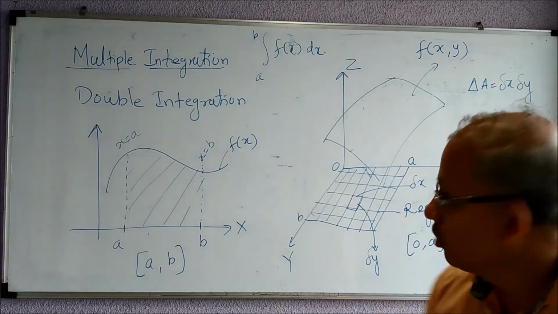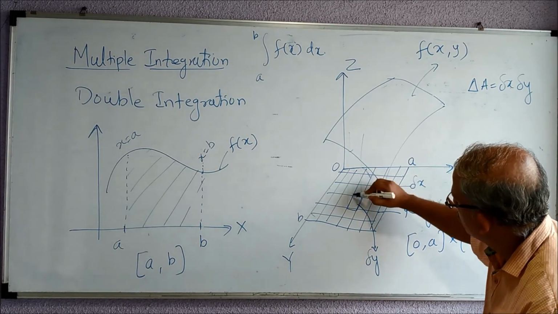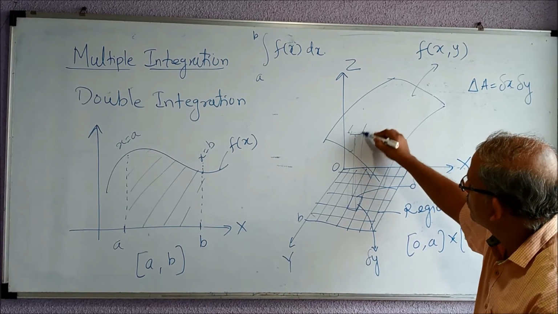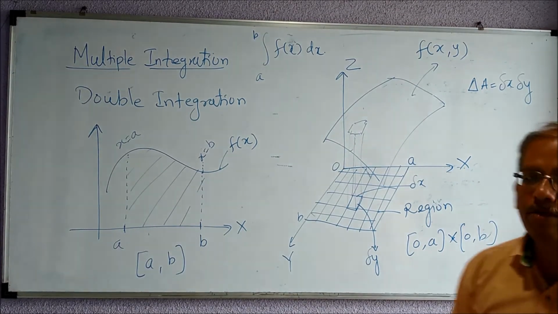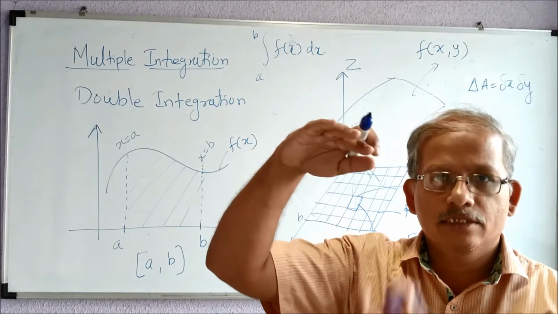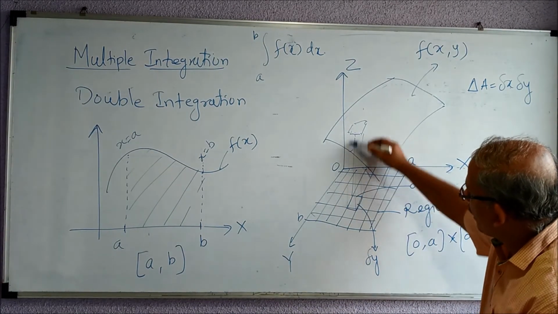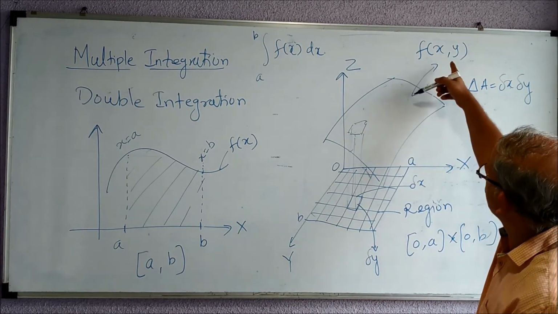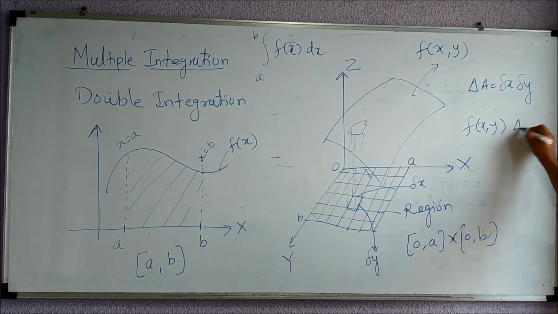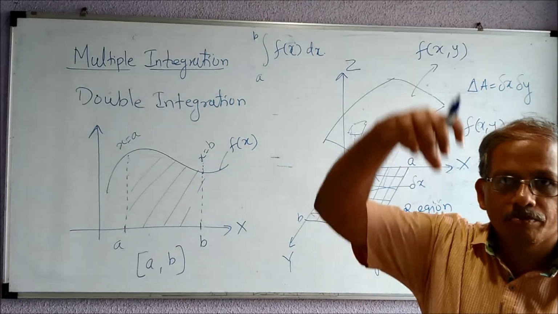Next you make a tube-like structure over here. From the surface you make tubes like this, and then multiply by the height. What is the height? The height is the function. If I multiply f of x, y with delta A, I get the volume of this particular tube.